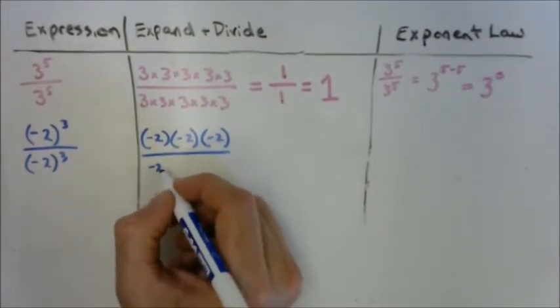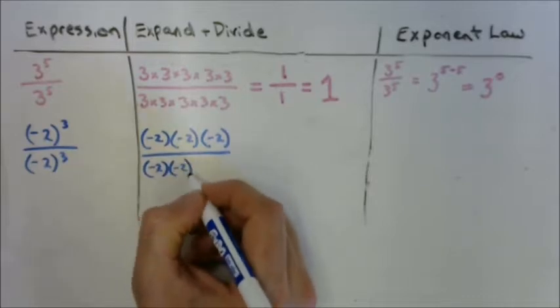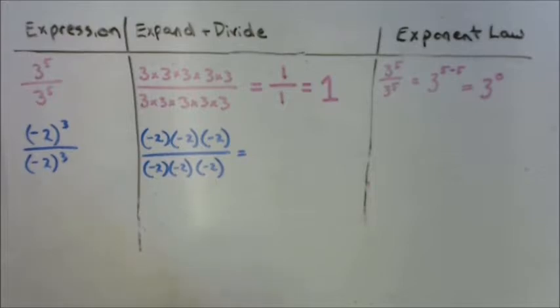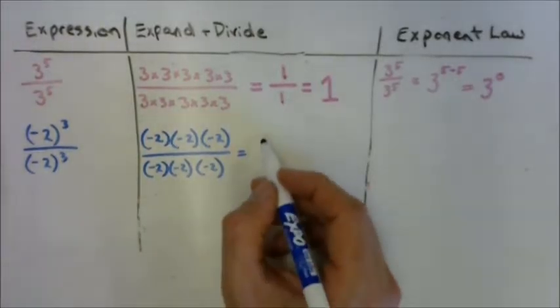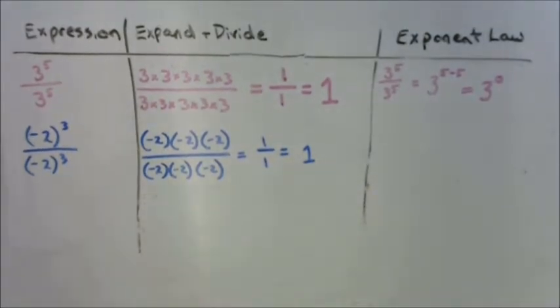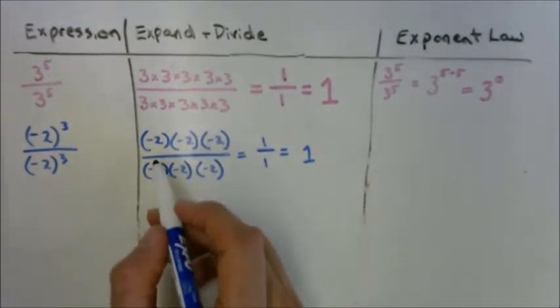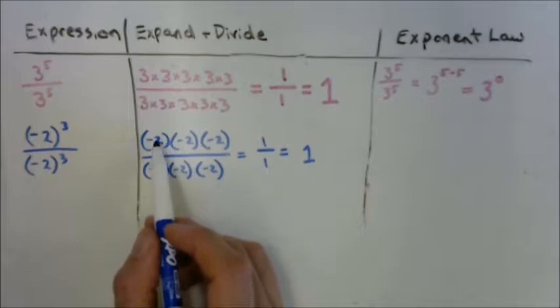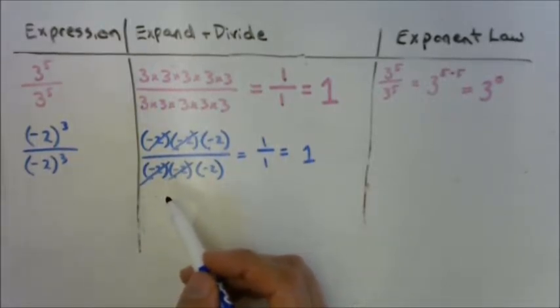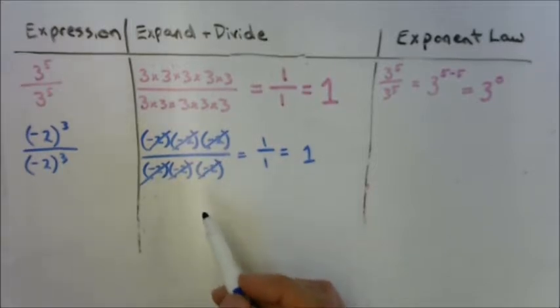And in the denominator, we get negative 2 times negative 2 times negative 2. What happens when we start canceling all these things out? We get 1 over 1, which equals 1. Negative 2 divided by negative 2 is 1, three times.